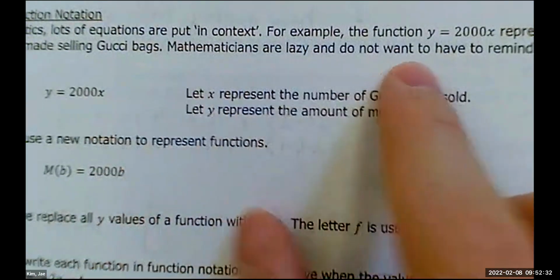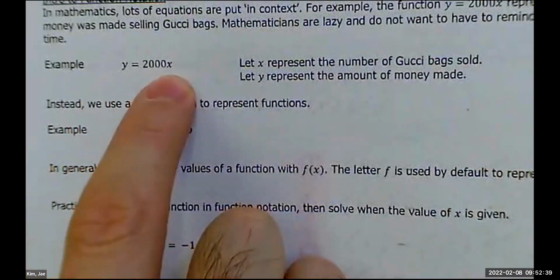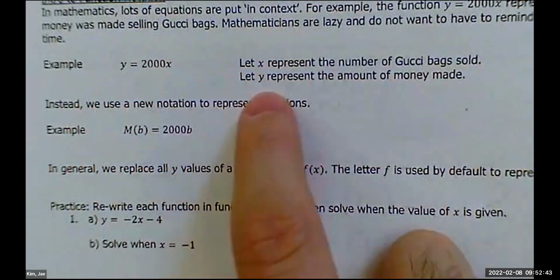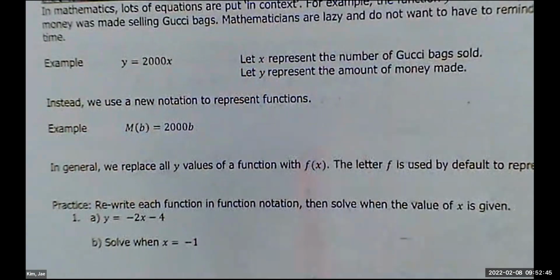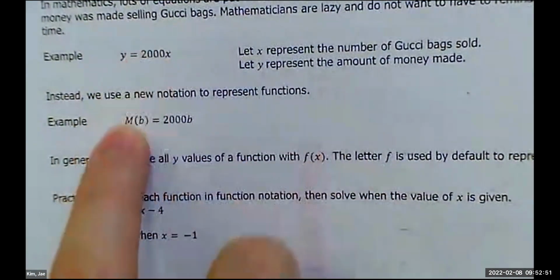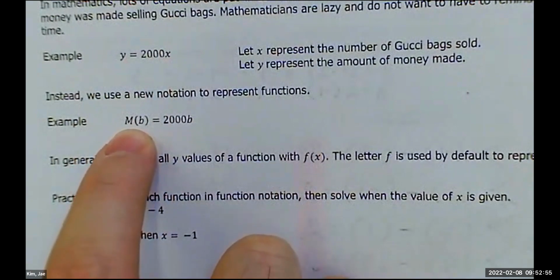Mathematicians are too lazy to write all of this, right? In grade 9 and grade 10, you might have been asked to write down the equation, let x represent Gucci bags sold, and y represents money. Something like that. Instead of doing it with x and y, we can actually replace it with letters that make more sense.